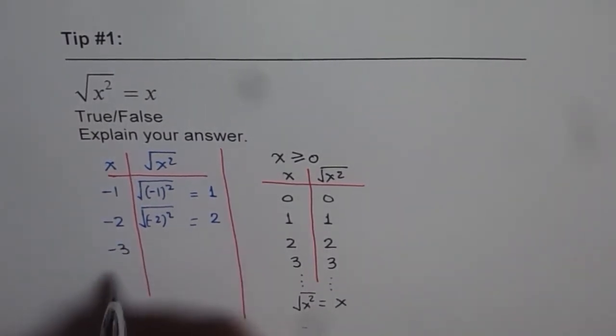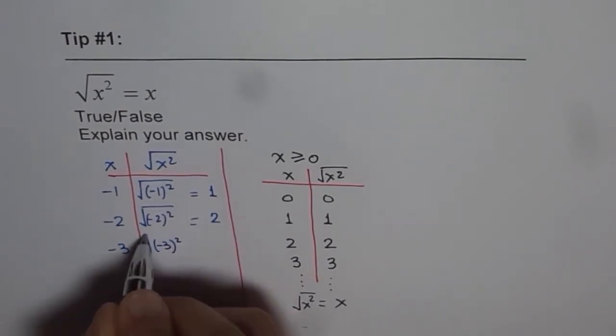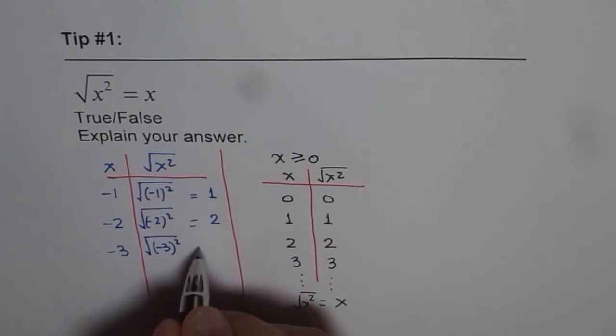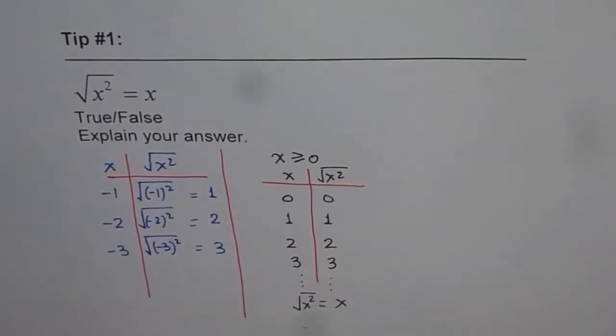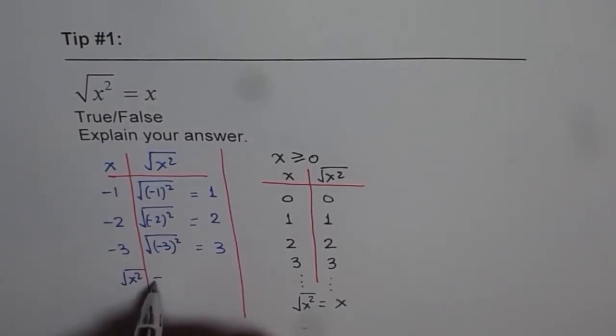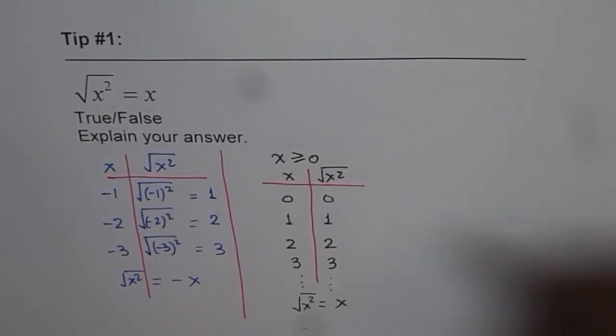Similarly, if I put minus 3 here, then what is square of minus 3? Square of minus 3 is 9 and square root of 9 is 3. So from here, what we observe is that square root of x square is actually equal to minus x. Do you see that? Now that gives you a hint.